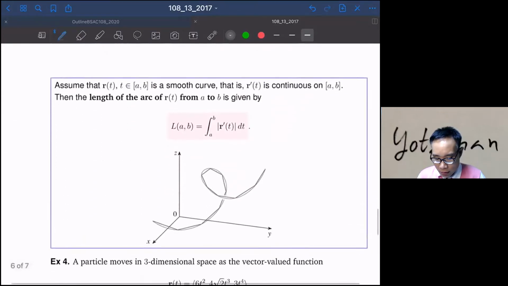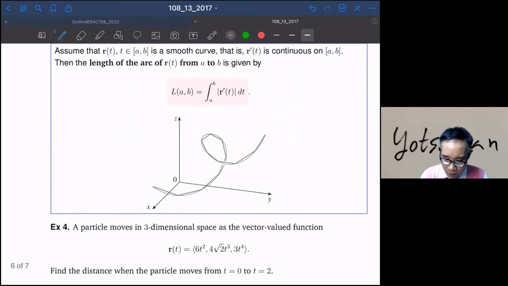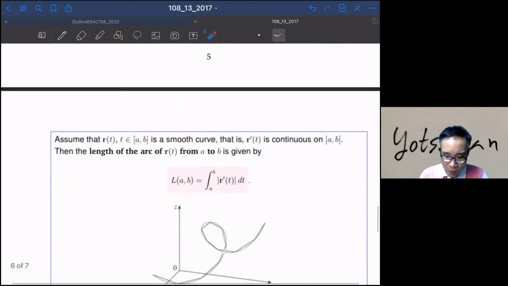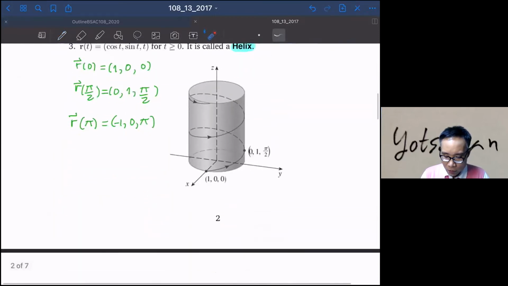The distance means that when you move along this curve, like a particle moving along this curve, you'd like to know the distance of the movement. So you'd like to know the distance when you walk along this curve, or when you go to M Quartier and walk from the 6th floor to the 8th floor, what is the distance that you have?